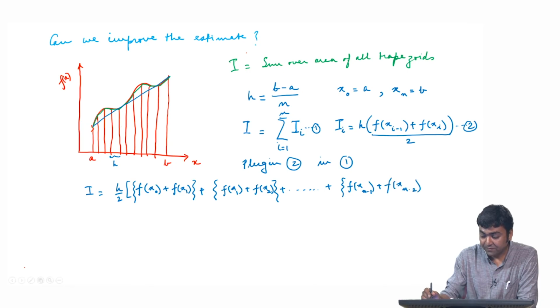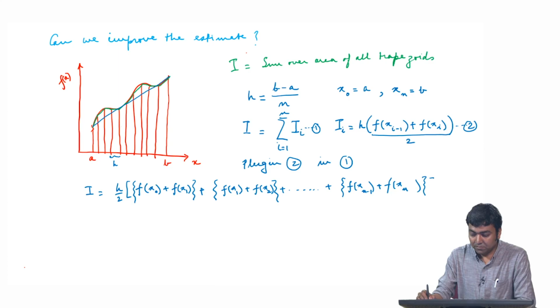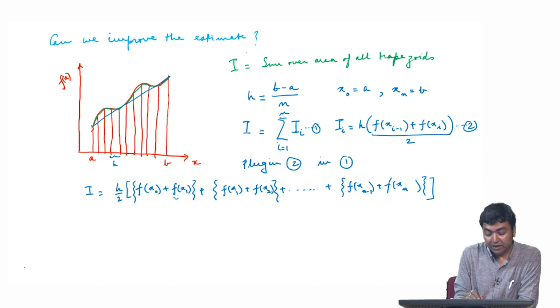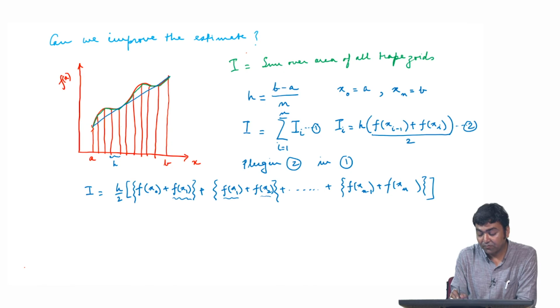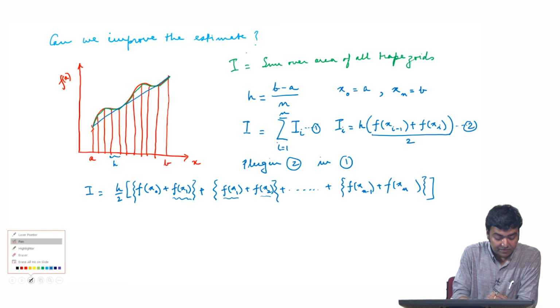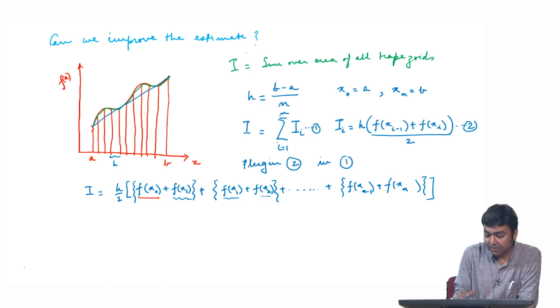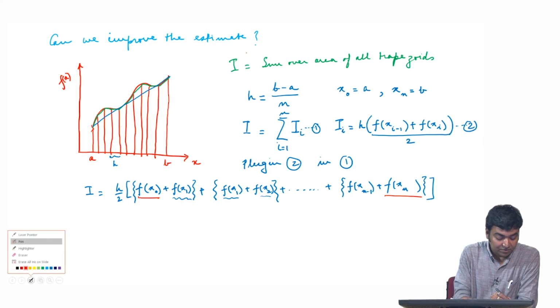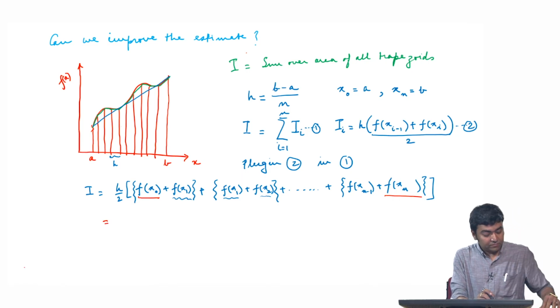Okay. Now what we see here is that certain terms like f x 1 have appeared twice, then similarly f x 2 will appear twice and so on. So, basically apart from this first and the last term here, which I mark by this red color, all the other terms in the middle will come twice in this expression.